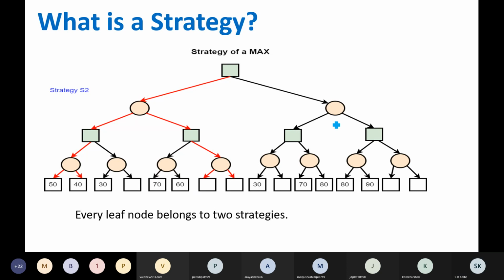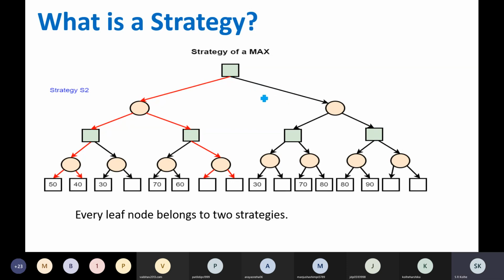Now come to the subtree where we have solid black color branches, the right hand side subtree. You will find that if max makes this right move, either this or this.